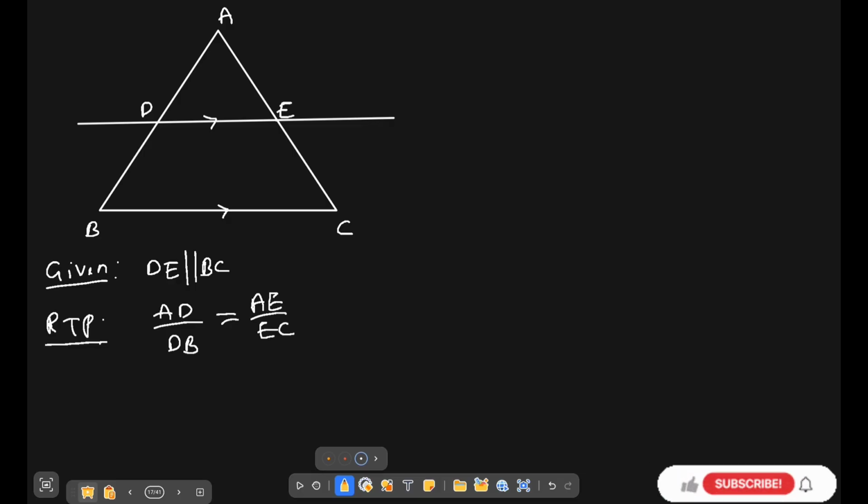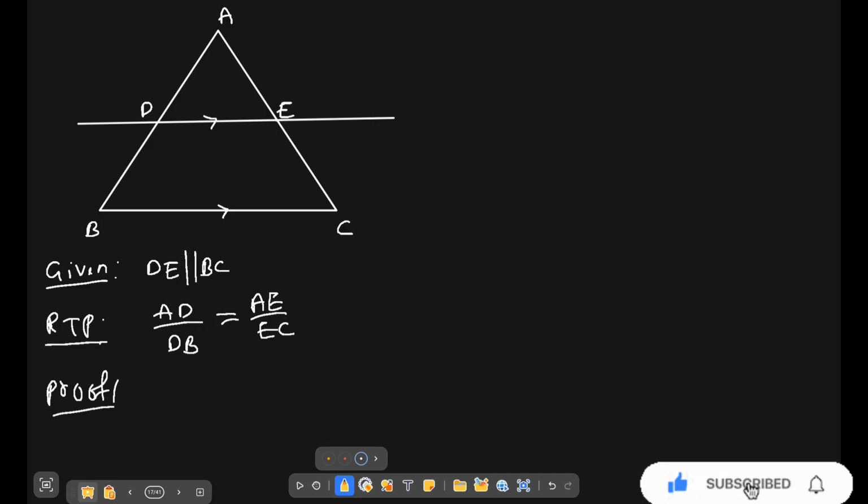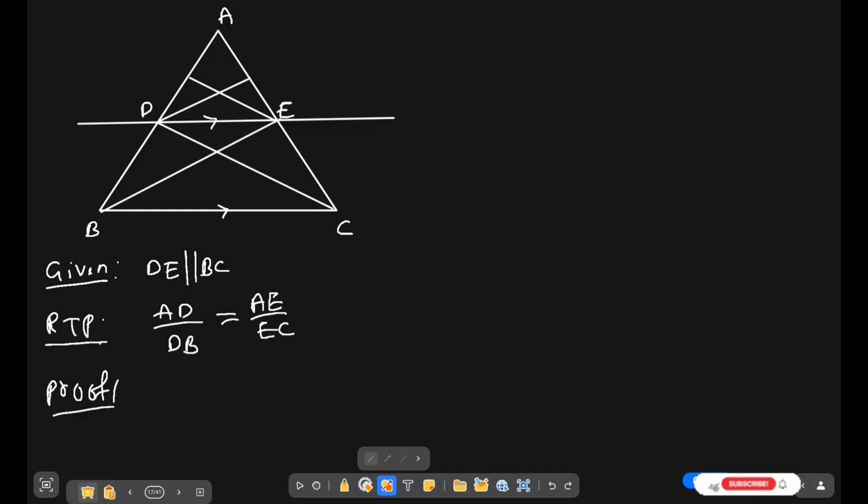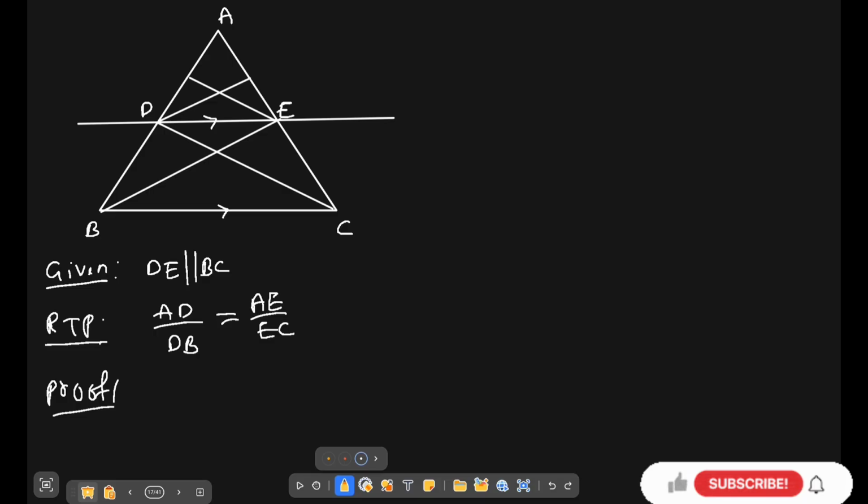So for that we have to do some construction. Draw EM perpendicular to AB, DN perpendicular to AC, join D and C and B and E. So this is what we have to do.